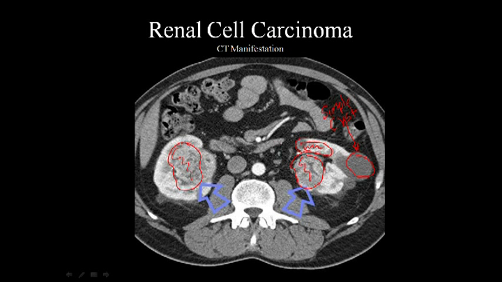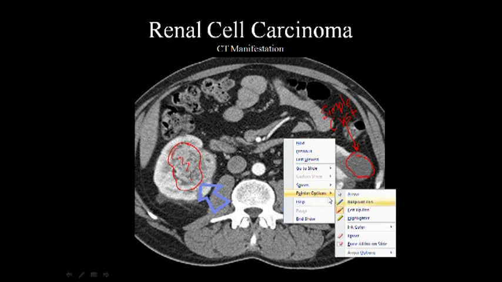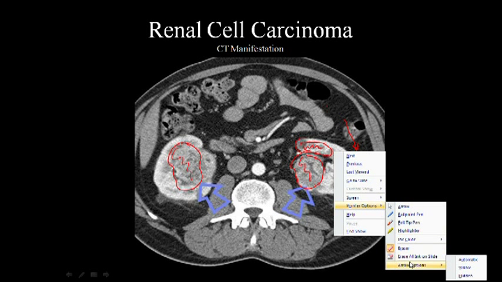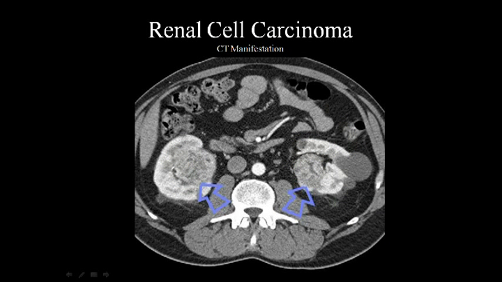Let me erase. Okay, and so notice how there is no definable border here. Everything just kind of merges with the renal parenchyma.